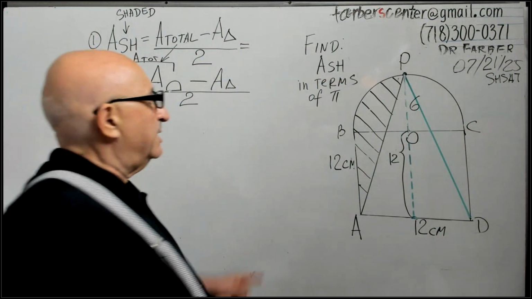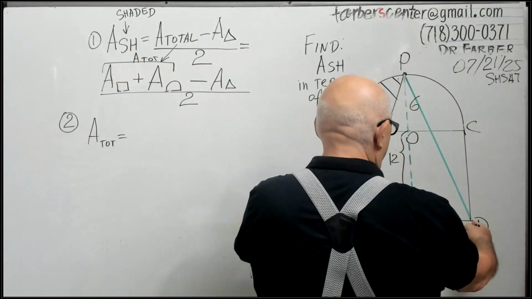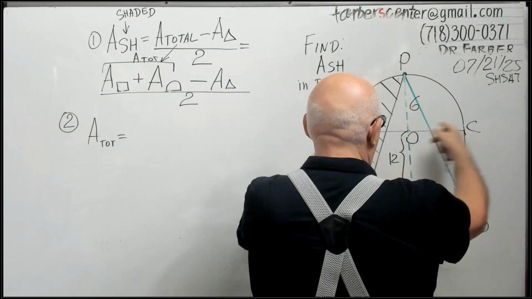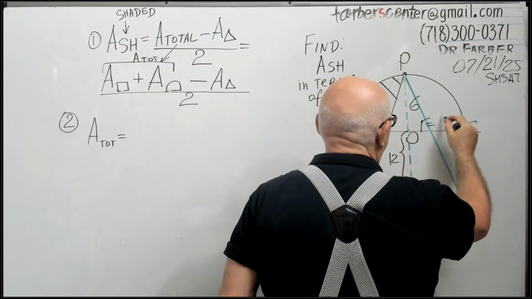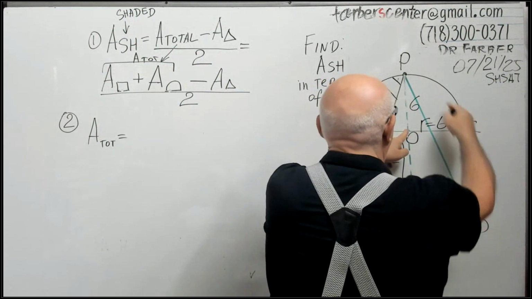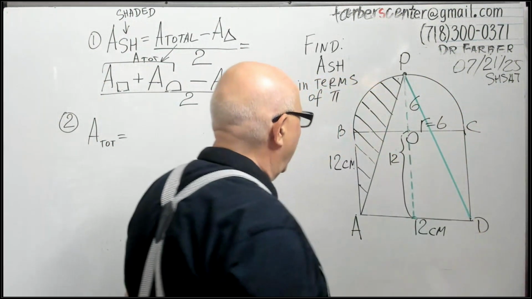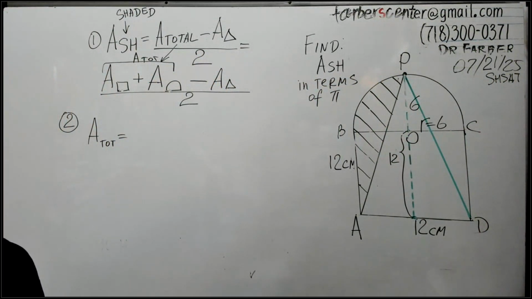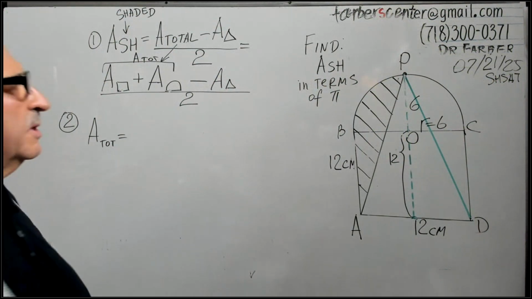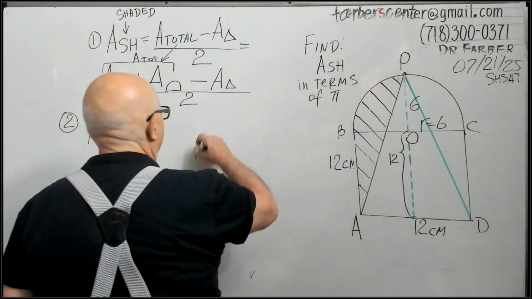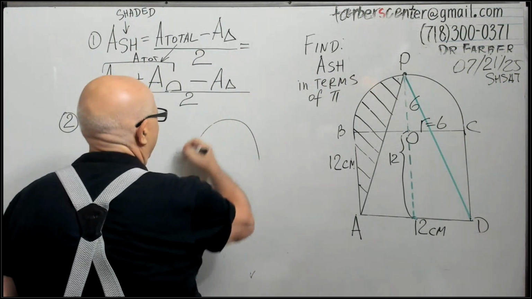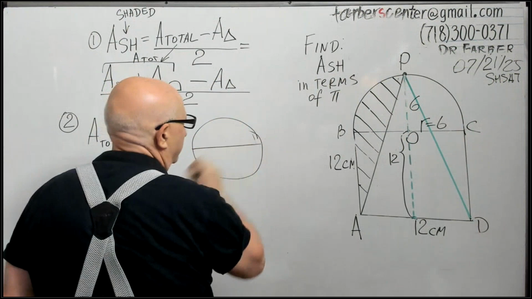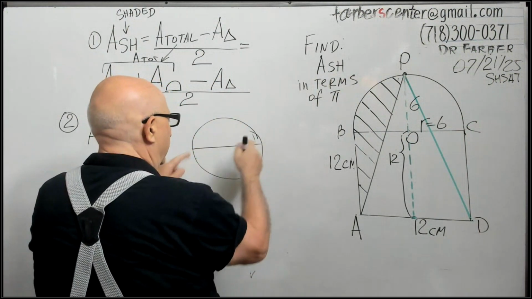Again, opposite sides of a square are congruent, the same, and this is the diameter, so radius equals 6, because it's half of the diameter. If you have any question, ask me. No question? Okay, I'll explain again. Pretend you have a circle, and this semicircle.